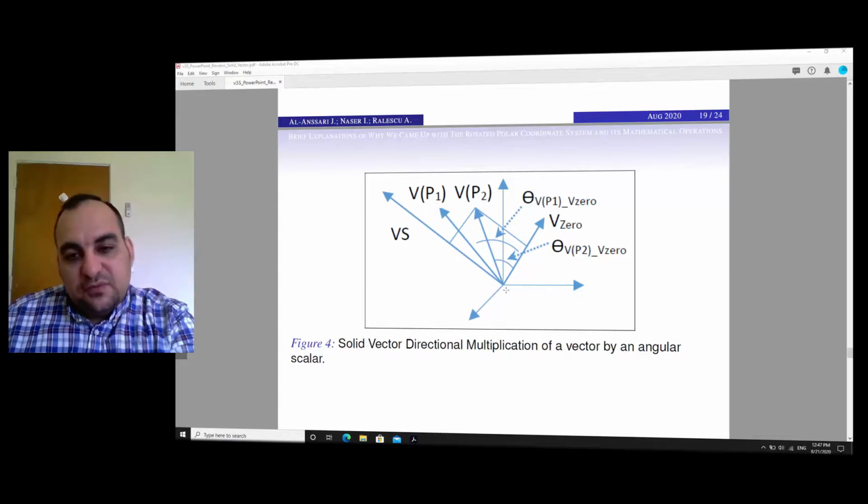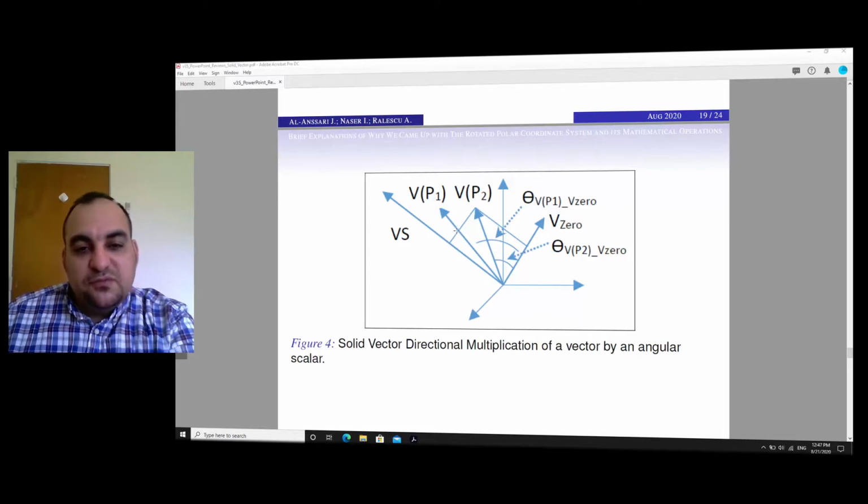Next I present the solid vector multiplication operation as illustrated in figure 4. The given inputs are pole 0 vector V0 and VP2. So first we get the angular displacement theta and the directional sine axis of vector VPI by the solid vector subtraction operation between VP2 and V0. Then we multiply the angular displacement theta by the angular multiplier to get the final angular theta of vector VPI.